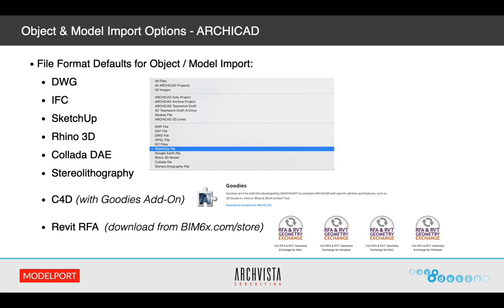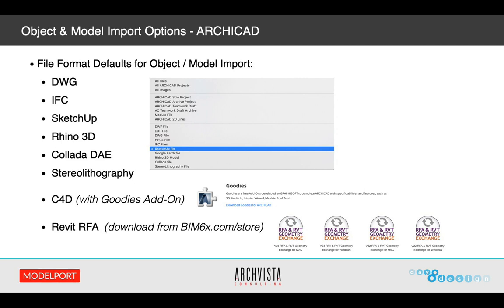So first, let's talk about the different formats that we can access through each of these options. First, in ARCHICAD, if we want to bring in objects, those objects will tend to be objects that are converted from either DWG, IFC, SketchUp, Rhino, 3D, Collada, DAE, stereolithography, and then also Cinema 4D.